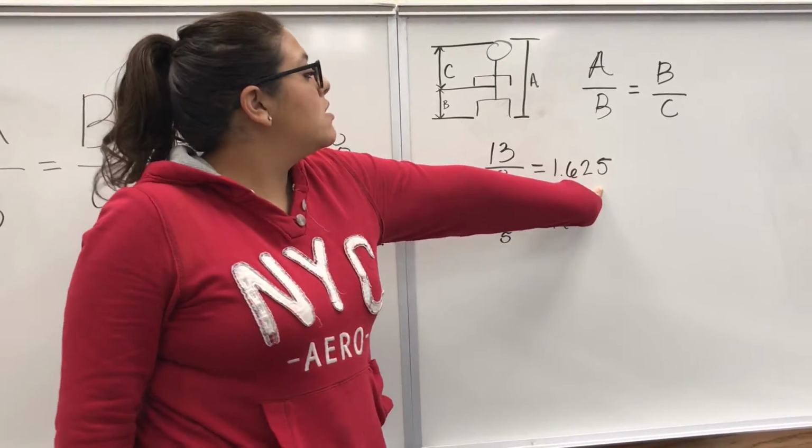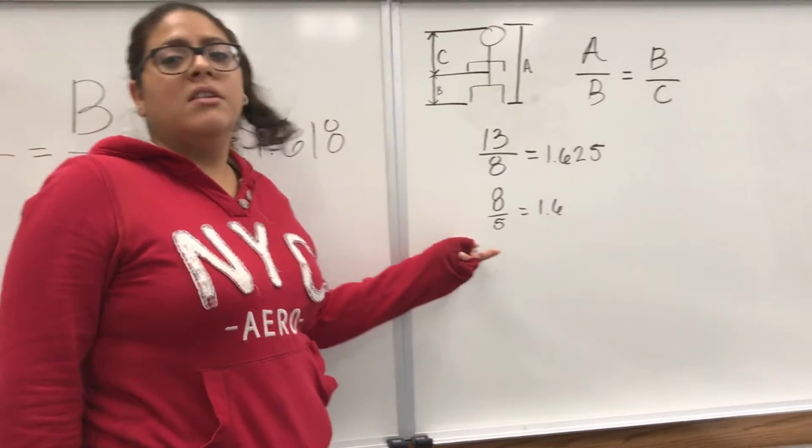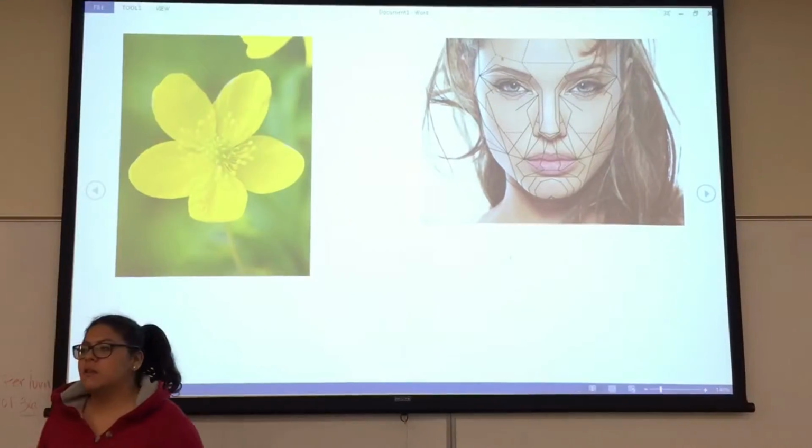It is almost at the ratio. He also said that the female body is 8 over 5, which is weird, and it came out to 1.6.